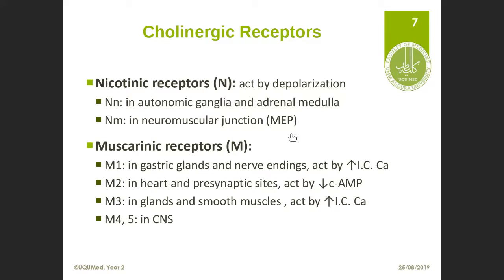So yes, all the answers are right. Depolarization means that when there is an action potential, there are two phases: depolarization and repolarization. When an action potential transmits from one nerve to another, the nerve becomes depolarized.